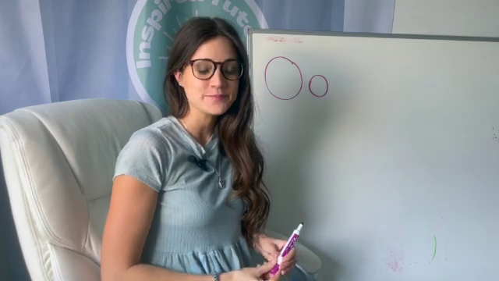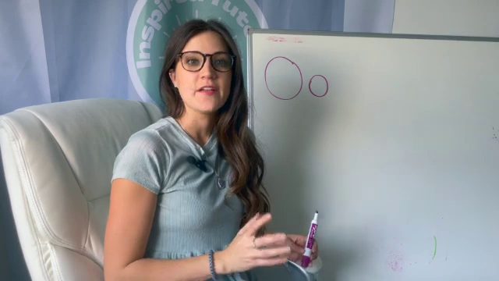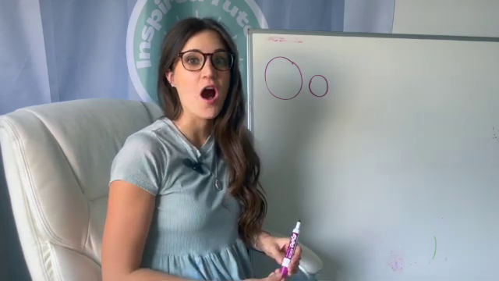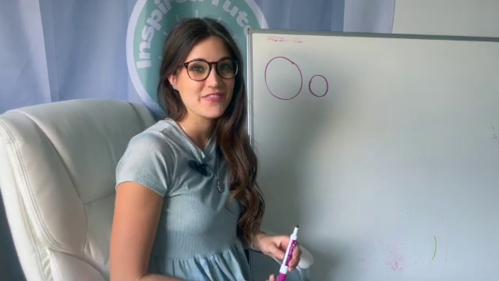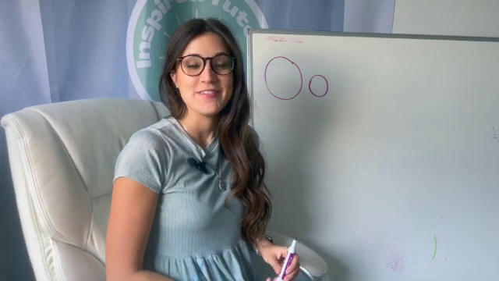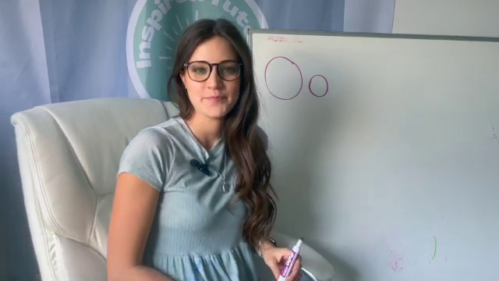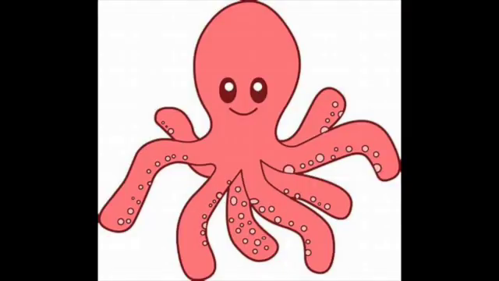Now remember, O is a vowel, but we're going to get into that later. So the sound that we're going to focus on today is the short sound of O, which says ah. Can you say ah? Very good. Can you think of a word that starts with that ah sound? What about octopus or ostrich?